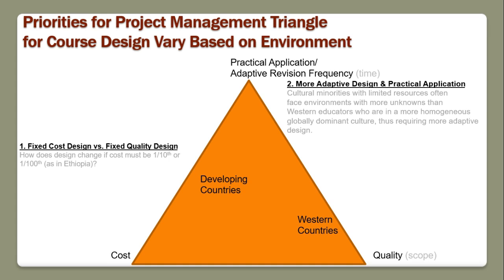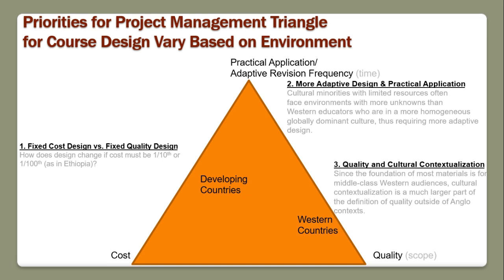Thus, if you're not in that culture, you're going to require more adaptive design. And how do you define quality? For those who aren't middle-class Western audiences, the cultural contextualization is a much larger part of the definition of quality outside of, like in the US, Anglo context.